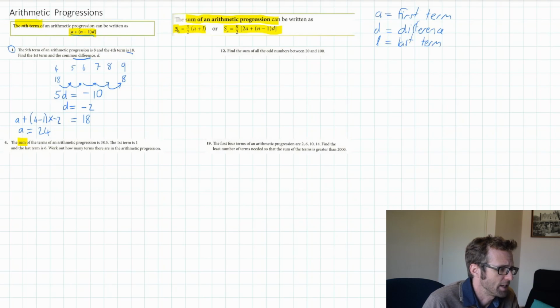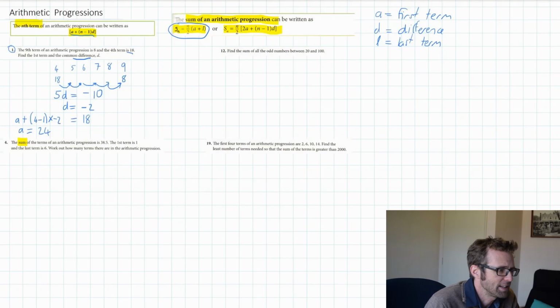Okay, the sum of the terms of an arithmetic progression is 38.5. The first term is 1, and the last term is 6. Find out how many terms there are in the arithmetic progression. So we're going to be using this formula here.